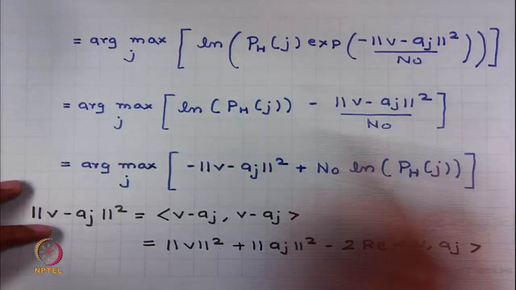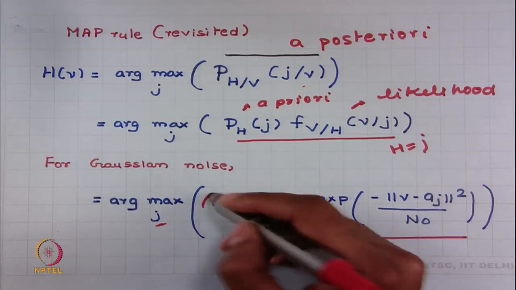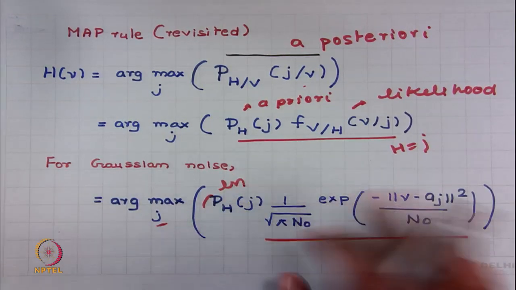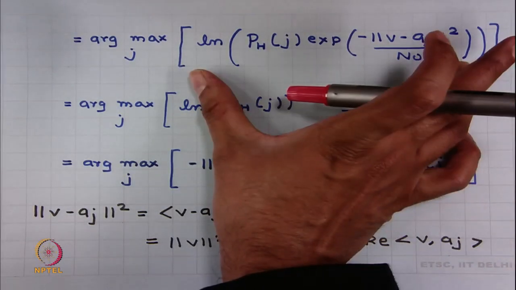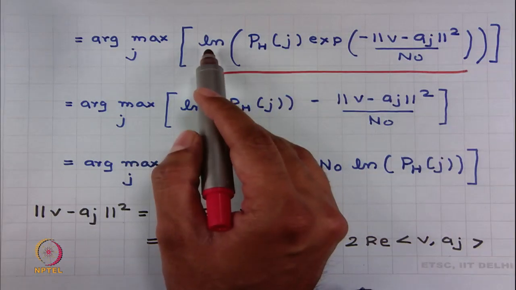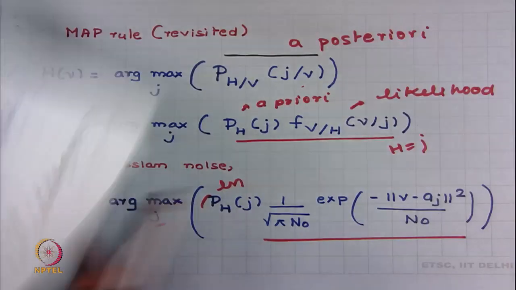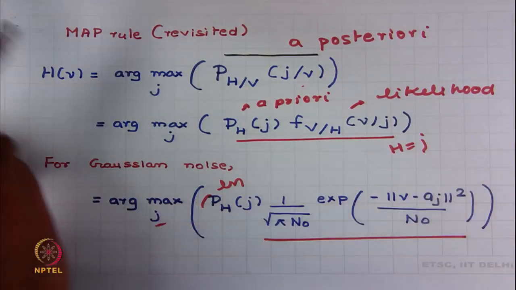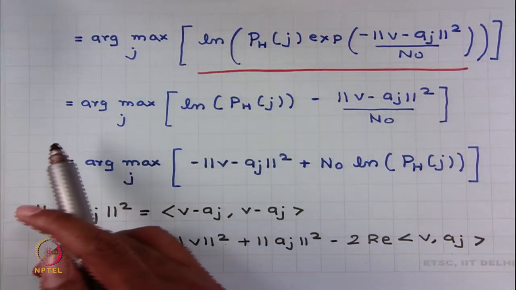And to simplify, I just take ln here, the natural log. So, trying to maximize this quantity is the same as trying to maximize this. Having a natural log here just simplifies this a little bit.